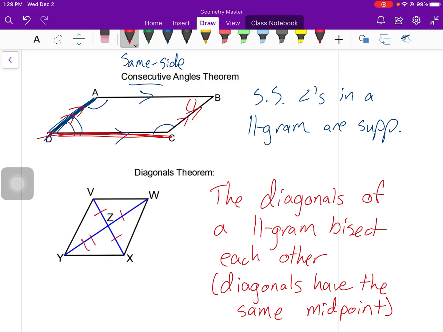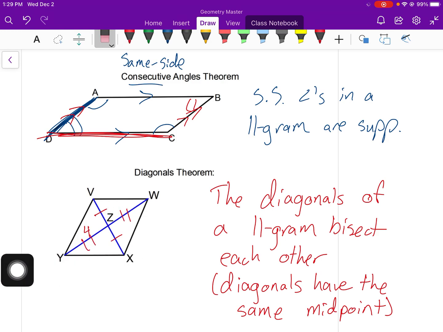Because if they bisect each other, that does not mean the diagonals are the same length. So VZ, ZX are going to be the same, those lengths, because Z is in the middle. YZ and ZW are going to be the same length because Z is in the middle. But that distance from Y to Z, this could be 4, like that.